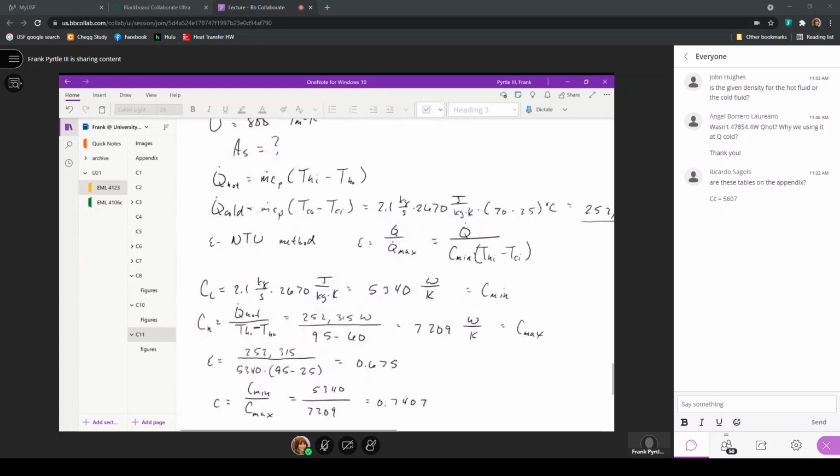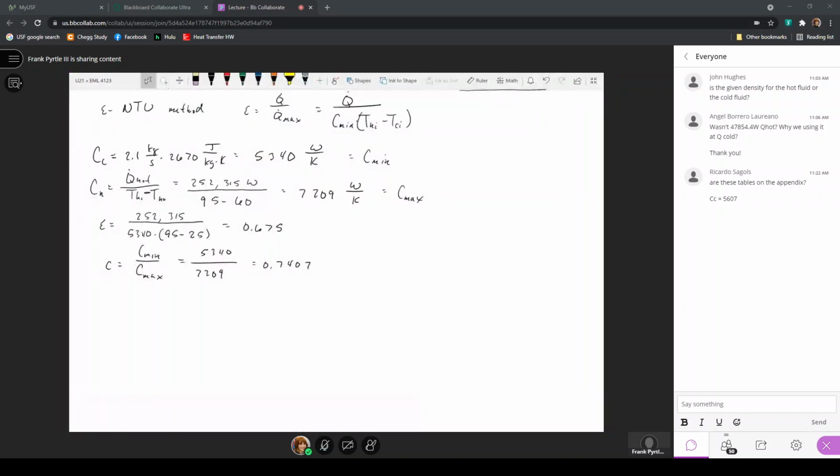So here, in order to get a surface area, recall that the number of transfer units is the overall heat transfer coefficient times the surface area over the minimum capacity rate. We found the minimum capacity rate. We're given the overall heat transfer coefficient.